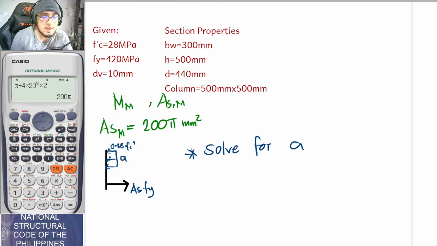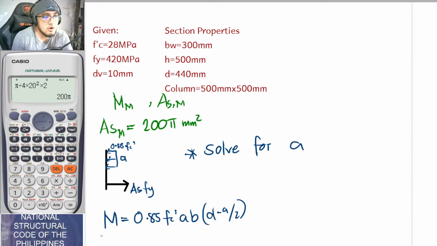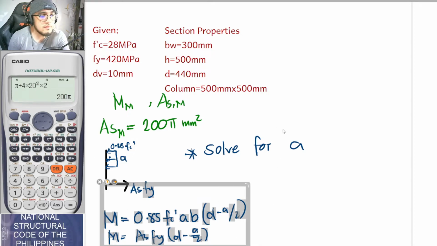Para ma-solve natin yung moment, because your moment is equal to 0.85 fc prime A B times d minus a over 2, or M is equal to AsFy times d minus a over 2. And as you can see, the only one missing here is A. So all of them are already known. So with that, guys, I will now be solving for A.